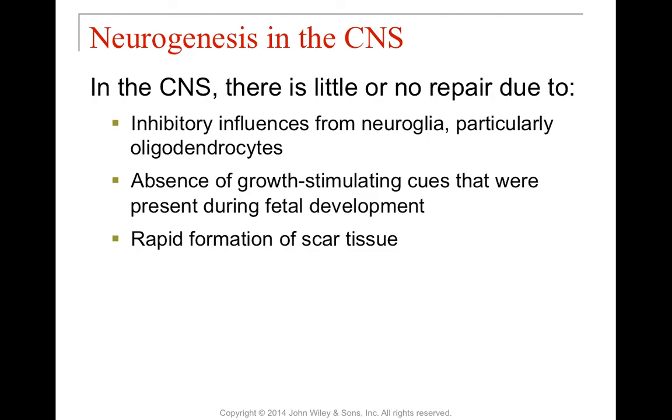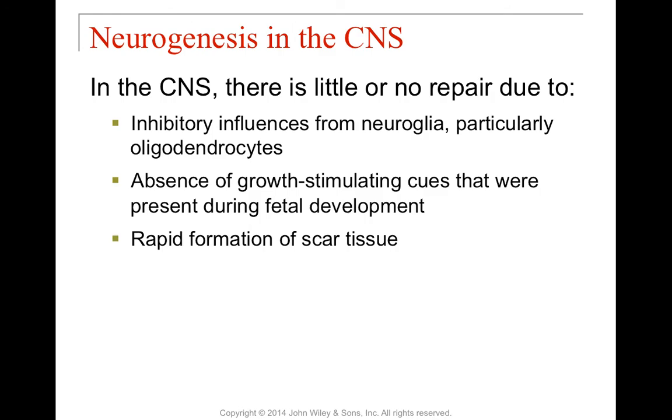In the central nervous system, there's very little to no repair that can occur, and that's going to be something like a spinal column break, etc. We have inhibitory influences from the neuroglia, including oligodendrocytes, for example, and we also have very few growth-stimulating cues that are present during fetal development that induce the differentiation of all the factors involved in the central nervous system.